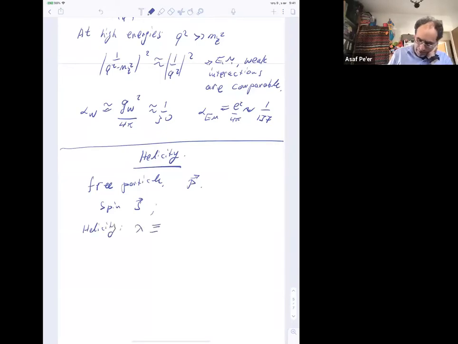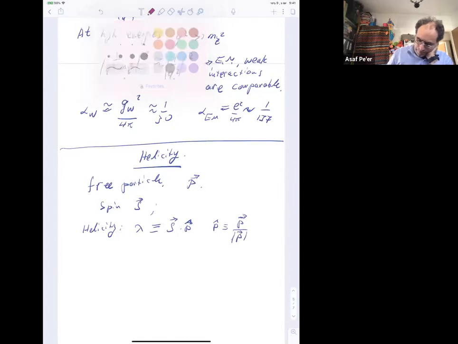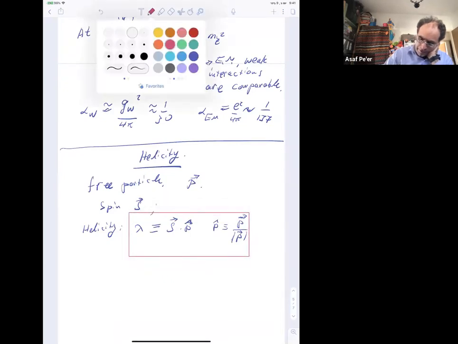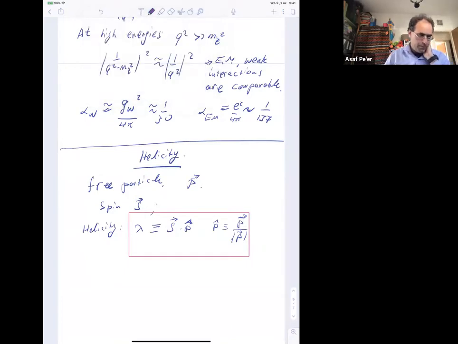Lambda is defined as s dot p-hat, and p-hat is just the normalized momentum. So that's the definition of the helicity.